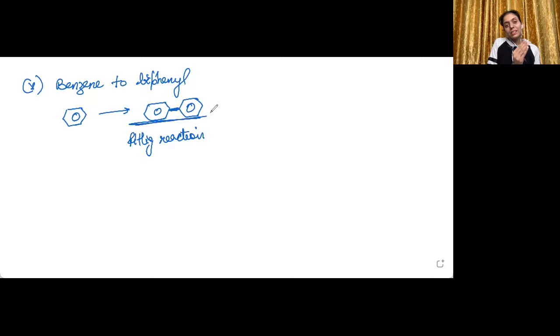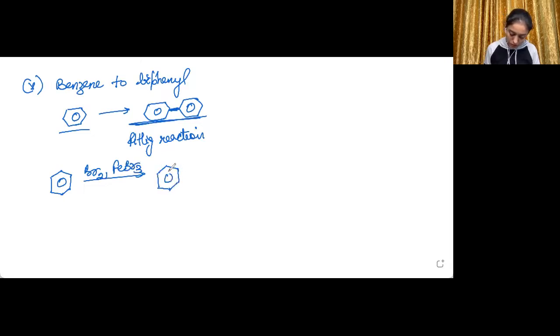Okay, so in that case, we used alkyl halide. Here we will use aryl halide. This means, first of all, we need to convert benzene into aryl halide. So you can take benzene, treat it with bromine in the presence of FeBr3 catalyst. Okay, so it is an electrophilic substitution reaction that will occur, leading to the formation of bromobenzene.